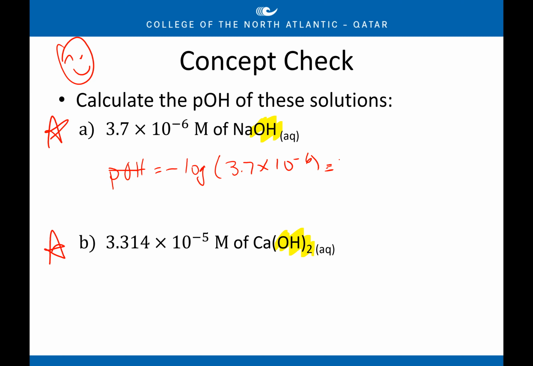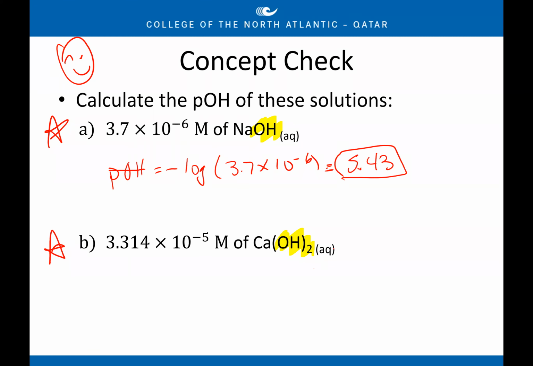So I don't know why I'm obsessed with using my own calculator. So here we go. I get 5.43 as my POH. Is that what you guys got? Did I do that right? Yeah, that looks right.